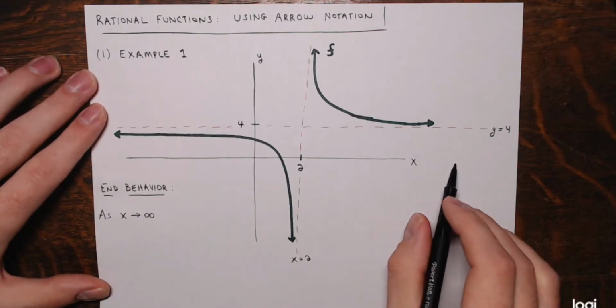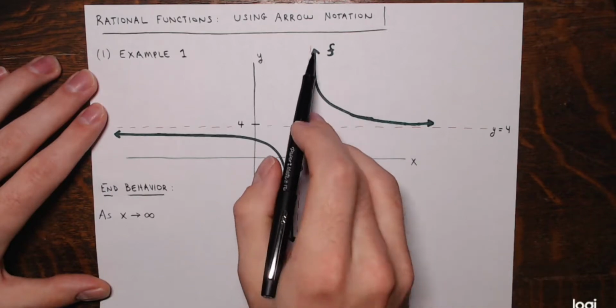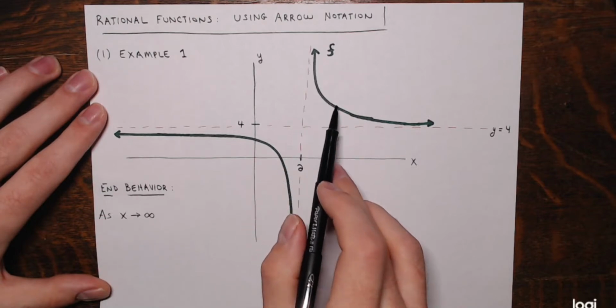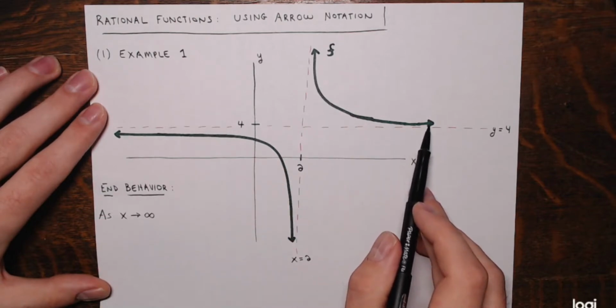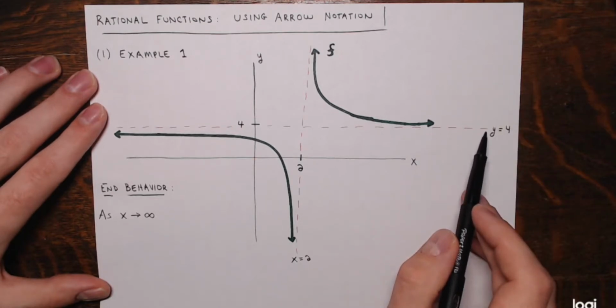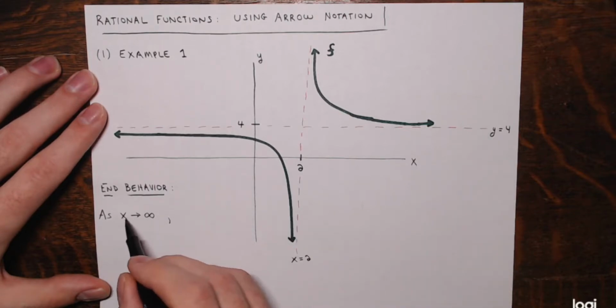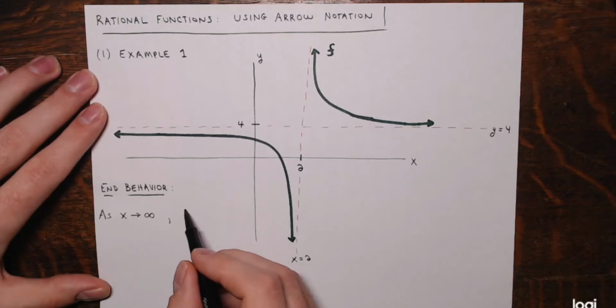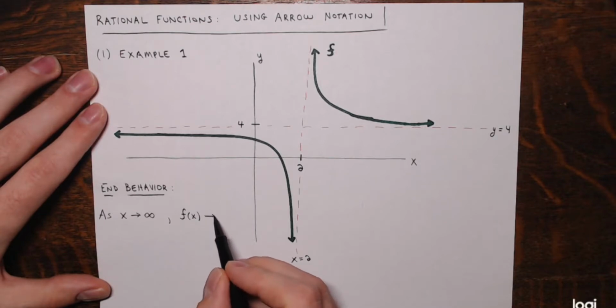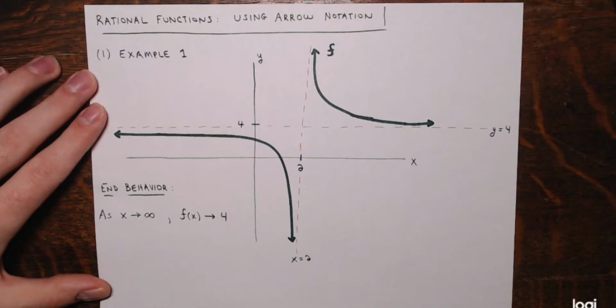As I go to the right on the x-axis, what happens to the value of f, the outputs? It looks like they're approaching not infinity or negative infinity, but the value 4. So as x approaches infinity, f of x, or y, the output, approaches 4. Not infinity or negative infinity, but the number 4.